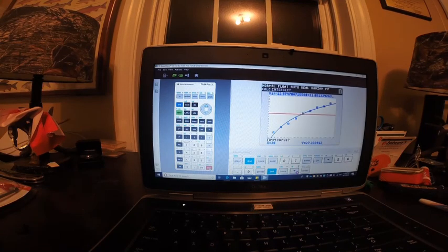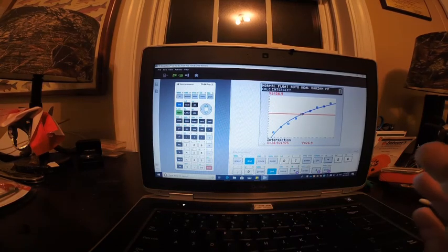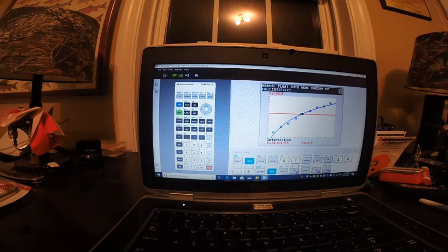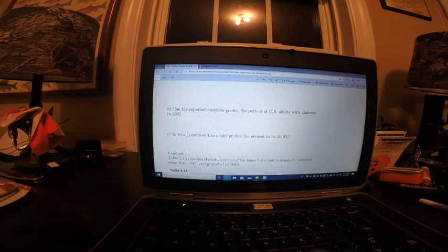I want to make sure I'm on line 1, line 2, and then they intersect. It says they intersect at 28.92, so in approximately year 29.